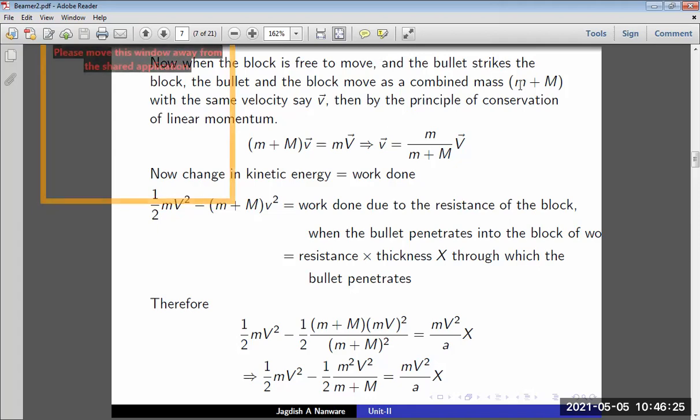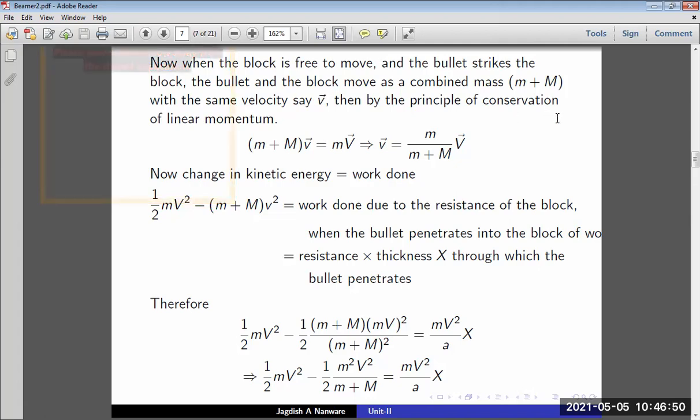That block now has a different mass, equal to the mass of the bullet plus the mass of the block. Here the mass of the block is denoted by capital M, the mass of the bullet is denoted by small m, and therefore that mass is called the combined mass, moving with the same velocity v.